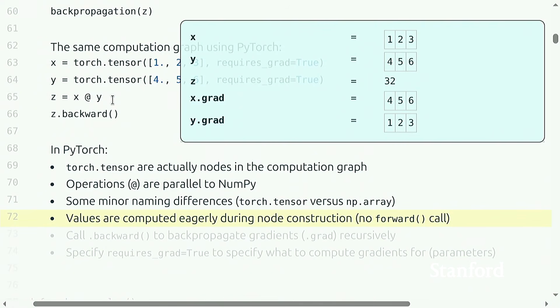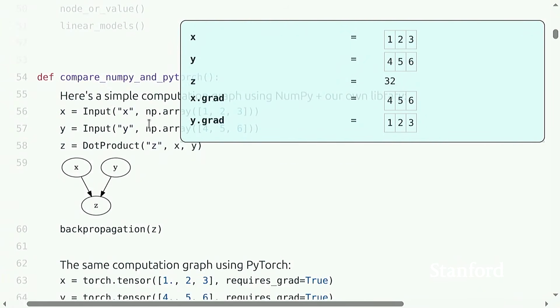Notice that values are computed eagerly through the construction. So the moment you do this dot product, forward is essentially called. Whereas up here, we could have done that as well, but we decided to delay the forward computation until the back propagation when we do forwards and backwards, just to make it explicit that you can construct a graph without actually evaluating anything.